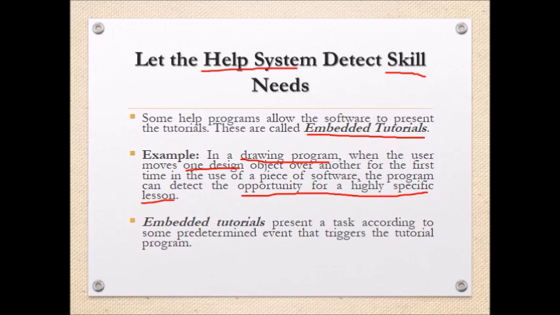An embedded tutorial presents a task according to some predetermined event that triggers the tutorial program. So embedded tutorials usually decide what they want to teach you based on the knowledge of whether you have used this feature before or not.